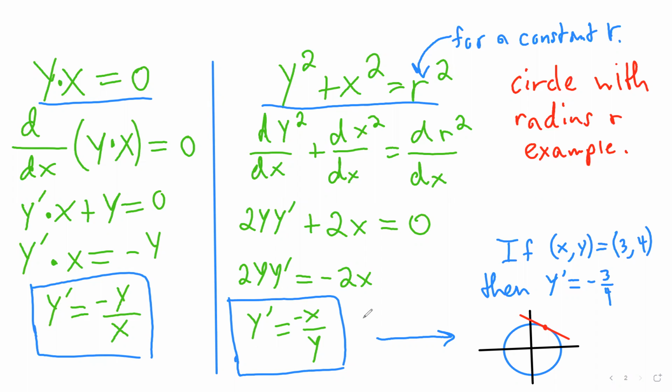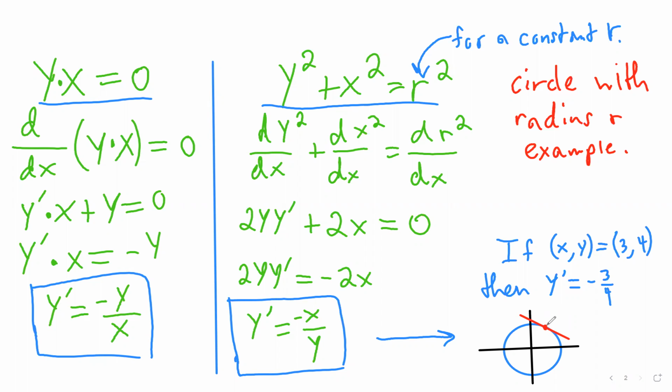If we look at a particular example where we have the point 3, 4, then we can plug into the function that we found implicitly for the derivative. We can plug those values of 3 and 4 in to get y prime equals negative 3 over 4. And if we look at where the point 3, 4 would be on the circle, where we would go over 3 and then up 4, this would be the point on the circle.